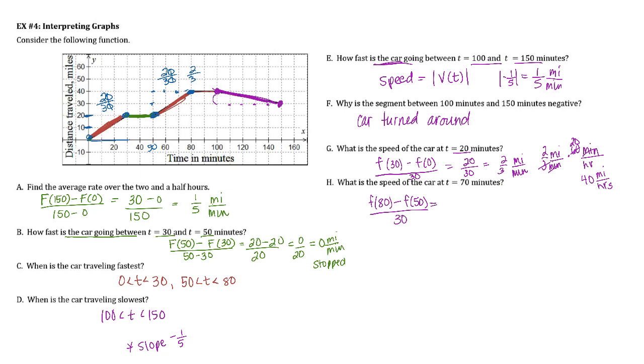And so that's going to give me 40 minus 20 all over 30. So that's going to give me 2/3 again. And that's going to be miles per minute. And again, if we wanted to convert that over, we would multiply it by 60 minutes in 1 hour. And so that one looks like, again, that's going to be 40 miles per hour.